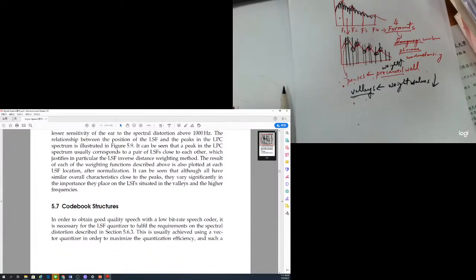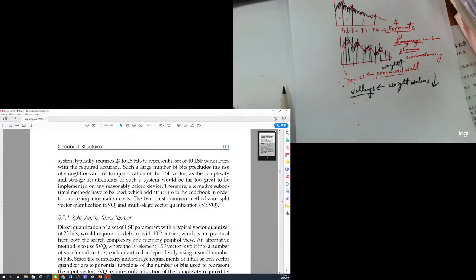We have 10 coefficients, and typically we can only use around 20 to 25 bits to quantize our line spectrum coefficients. And we also hope to get good performance, good accuracy, so we have to think about how to make the quantization efficiency higher.